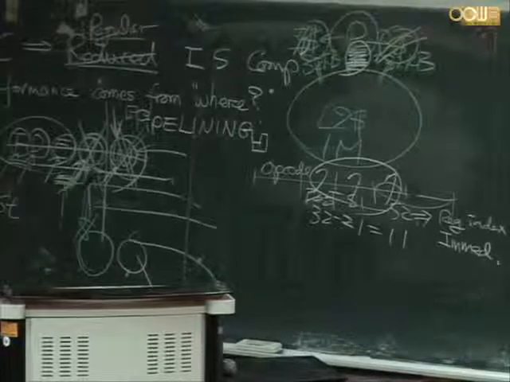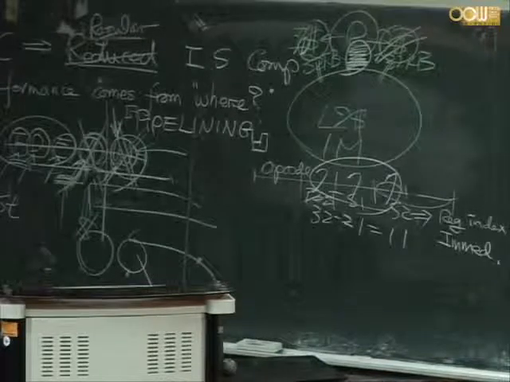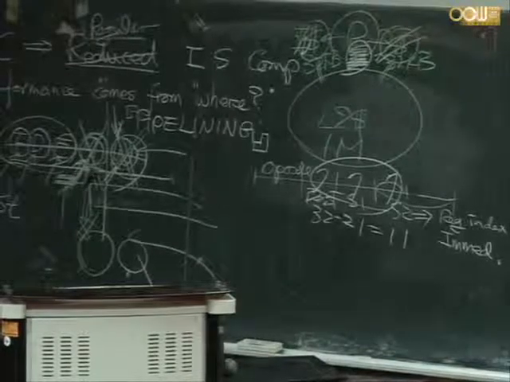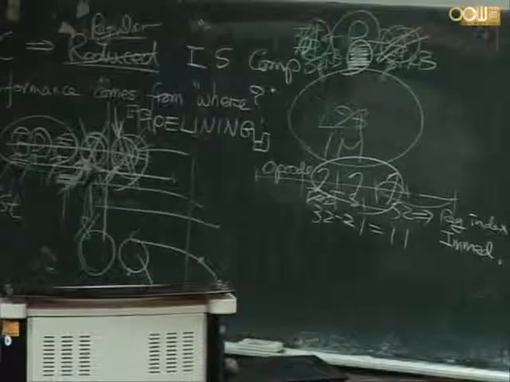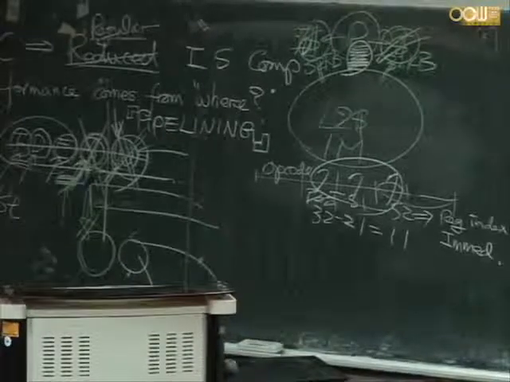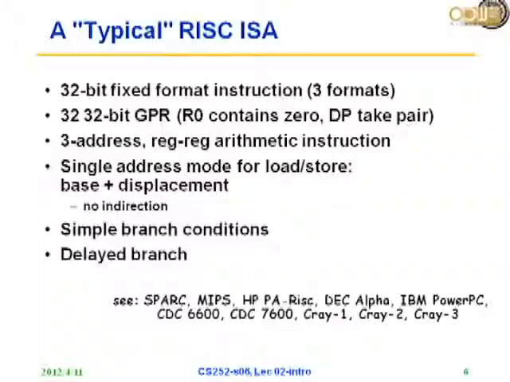Then your number of instructions will be compressed. So it's never the more the better. There has to be a limit. First, timing issue. Second, circuit complexity. Third, you've got to leave some room for the others. Right? So conceptually, the more the better.